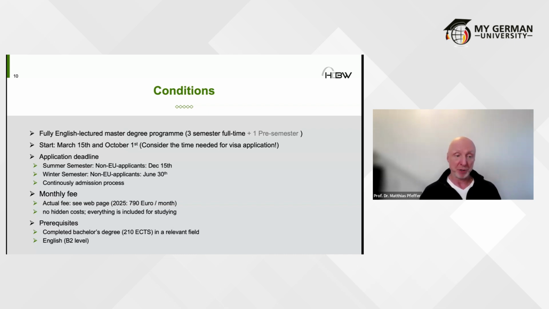Our admission process is continuous during the whole semester. As soon as we have a short discussion, we're going to have a chat with all the students who want to join the course, and straight after this chat, you get the information if you are accepted or not.